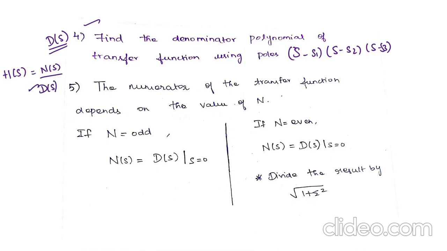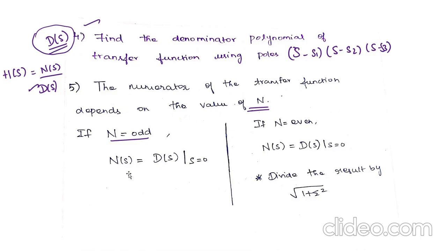Now we are going to calculate the numerator of the transfer function, for which the value will depend on the order of the filter n. If the n value is odd, there is an equation for d of s, right? Wherever s is there in this d of s, you will merely substitute the value of s as 0, and solve the equation.